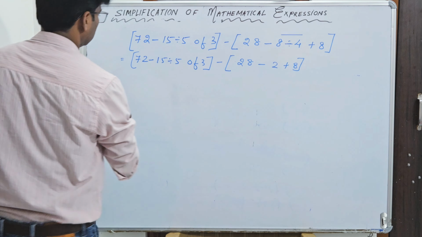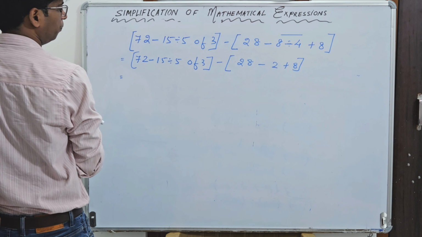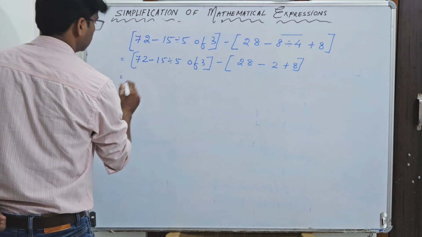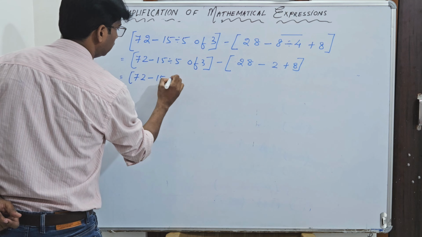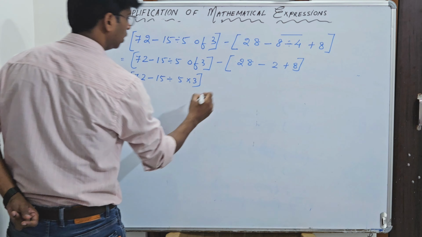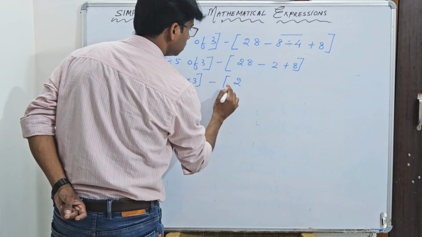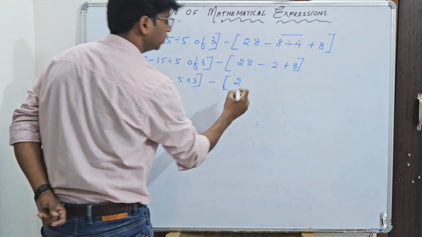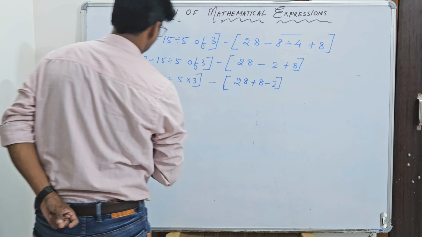So now within the bracket, you know whatever types of operations we give you have to do. Here within the bracket, off is there. That means you have to first operate this. 72 minus 15 divided by 5 into 3 minus, now within the bracket here addition you have to do first. That means 28 plus 8 minus 2.